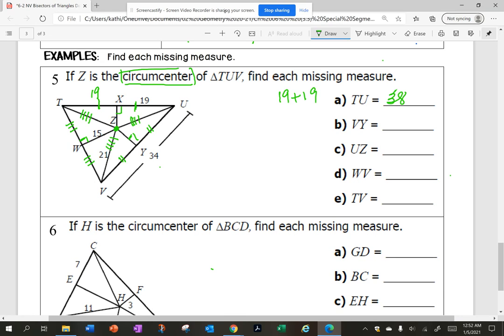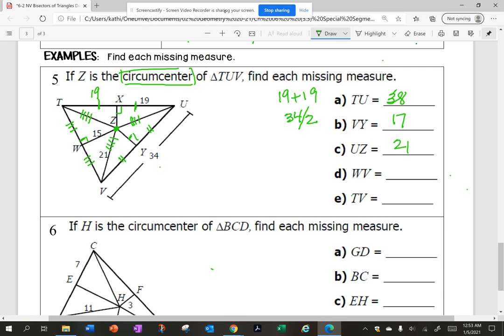If I know the whole thing is 34, I'm going to divide that in half. 34 by 2 is 17. Now U to Z. So this segment V to Z is 21, so U to Z is 21.